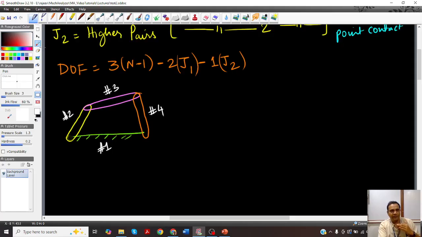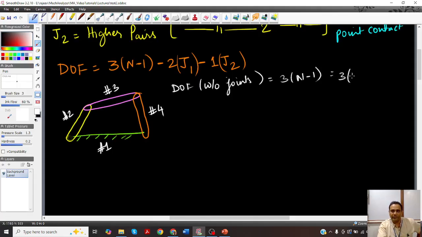So the degree of freedom of this system without any joints will be 3 into n minus 1. Okay, so that is 3 into n, which is 4, 4 minus 1 is 3, 3 into 3 is 9. That means 3 plus 3 plus 3 is 9. That is clear.